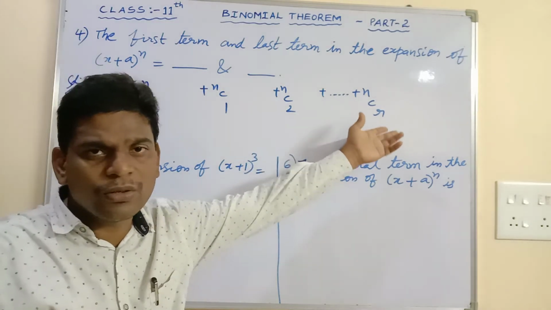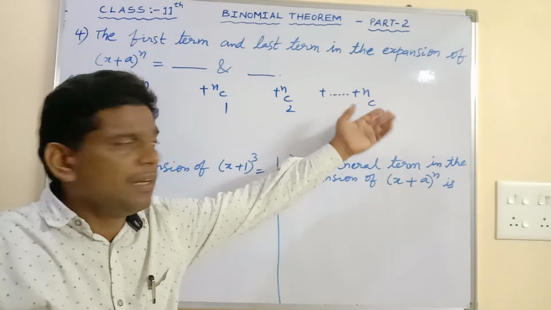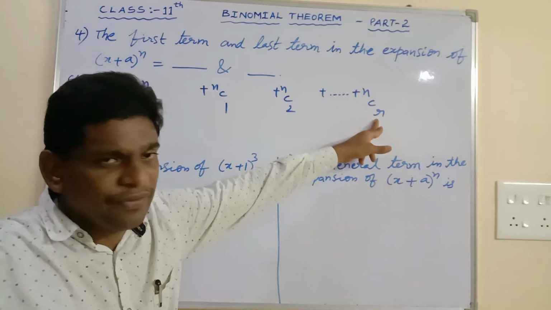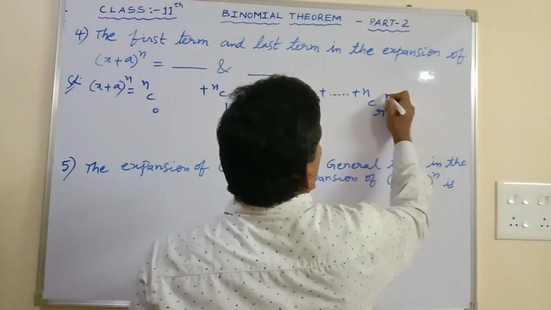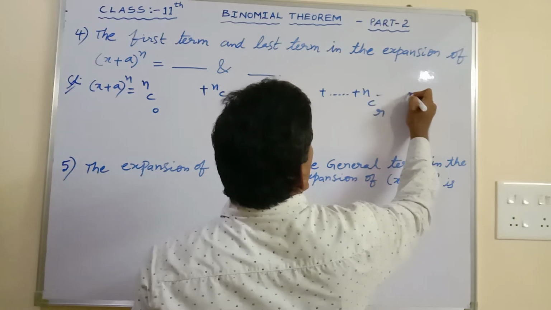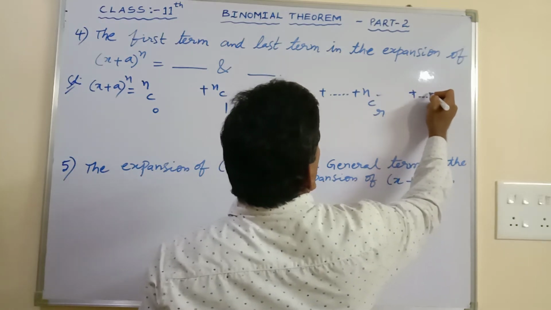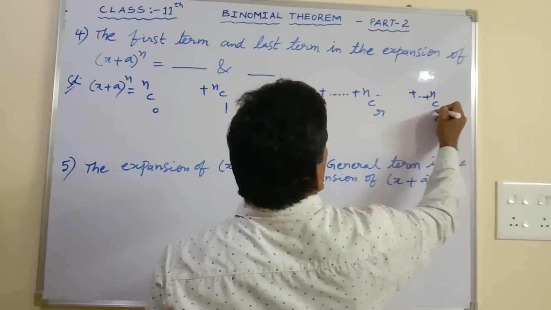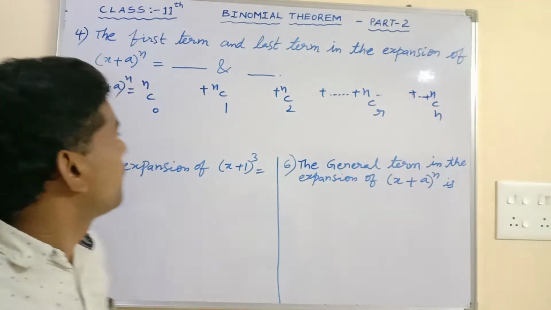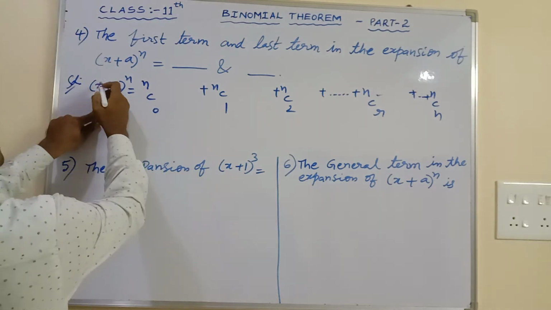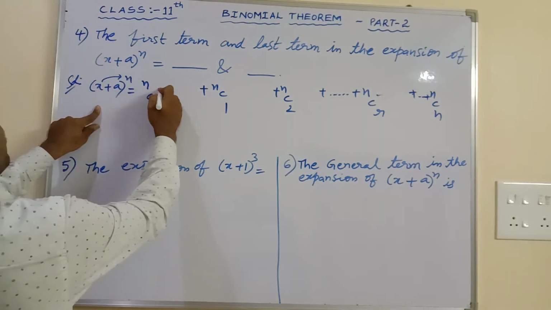If r is equal to 20, so this is 21st term. Okay. So finally plus and so on, nCn, ends with nCn. So first x power n, right?